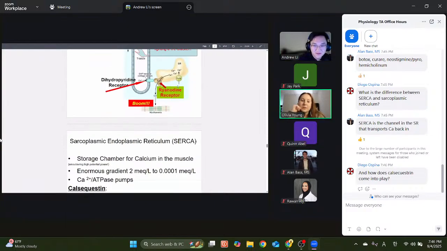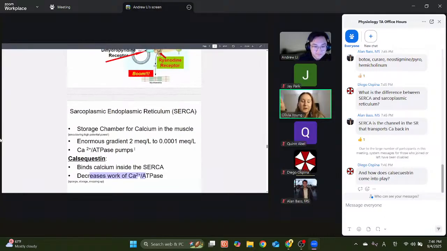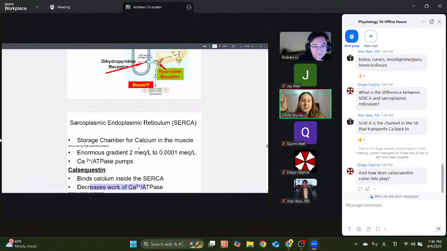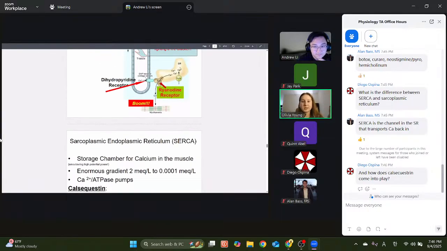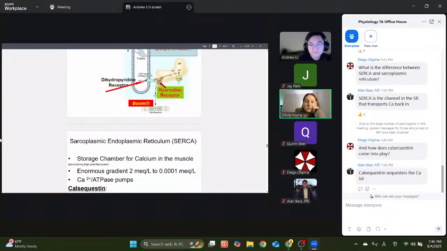It keeps the calcium inside instead of letting it leave through other calcium channels, because there are still diffusion channels in there. You don't want all the calcium they just worked to pump in to get out. So it's like a little sponge for calcium.